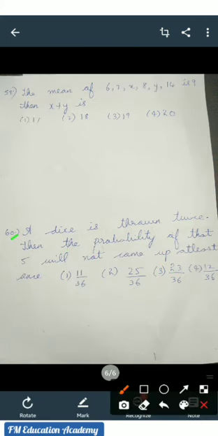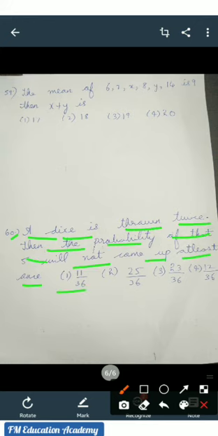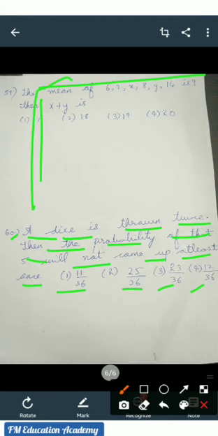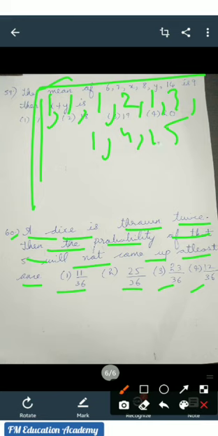Next, 60th question. A die is thrown twice, then the probability that 5 will not come up at least once. Is it 11 by 36, 25 by 36, 23 by 36, or 12 by 36? Remember that table in which you have 1,1; 1,2; 1,3; 1,4; 1,5.